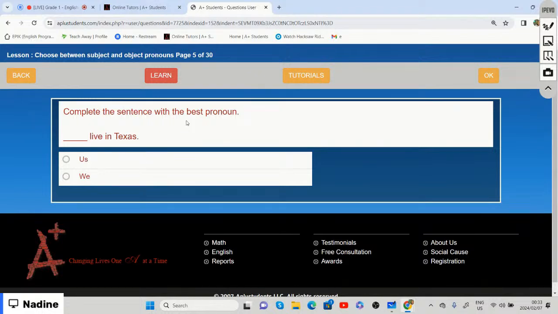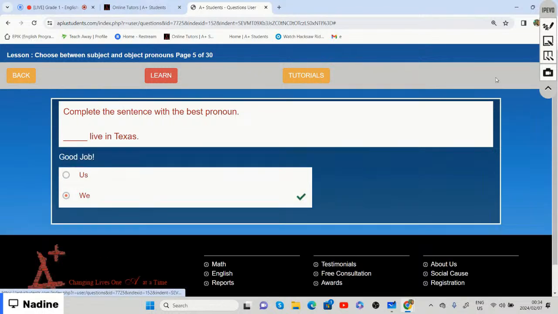Do we say us live in Texas or do we say we live in Texas? So we can say we live in Texas. So well done. We is correct.